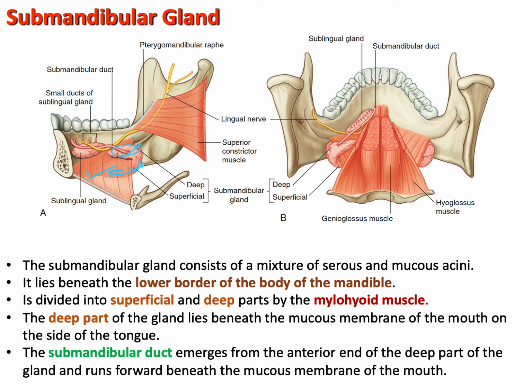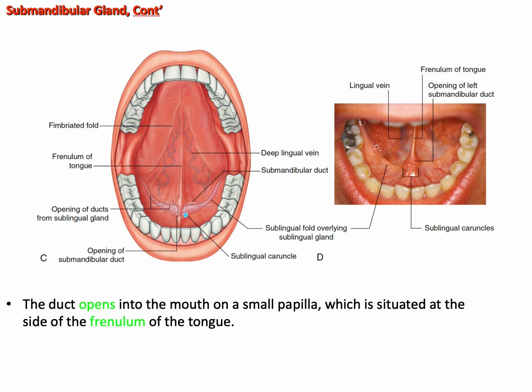Okay, now look at the deep part, guys. The deep part is just located beneath the mucous membrane of the mouth. Look at the mucous membrane here. This is the mucous membrane of the mouth. So the deep part is located just beneath the mucous membrane at the side of the tongue, right?